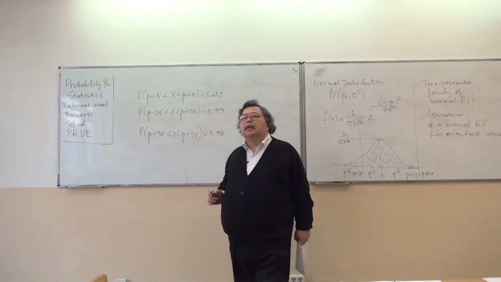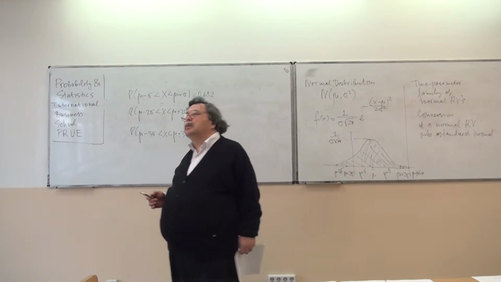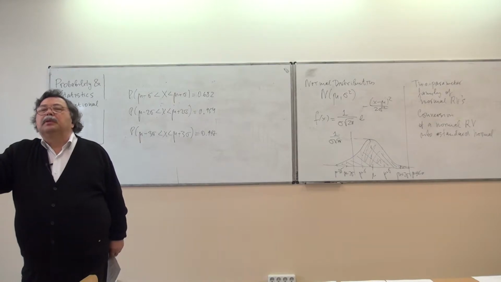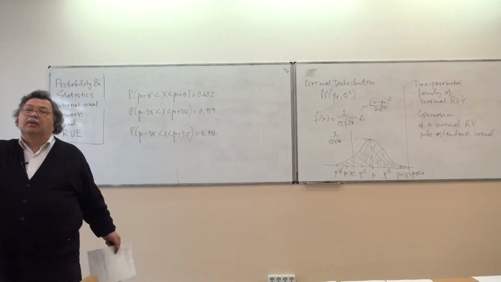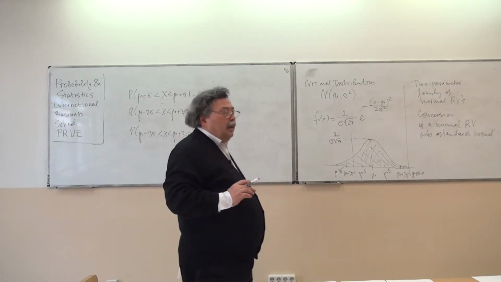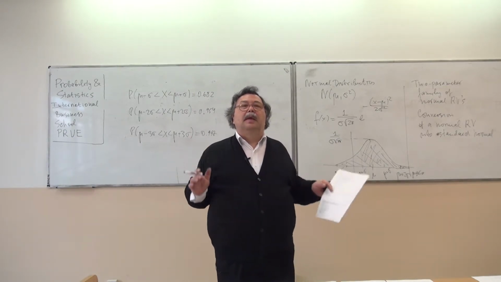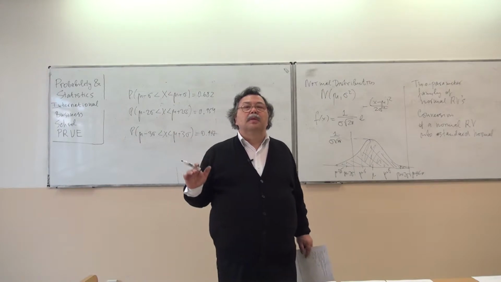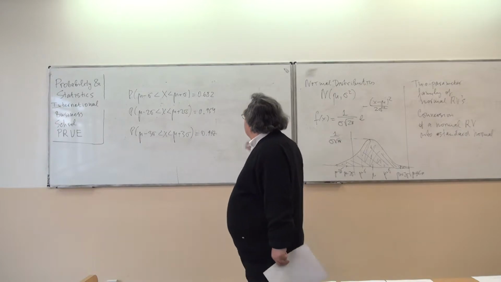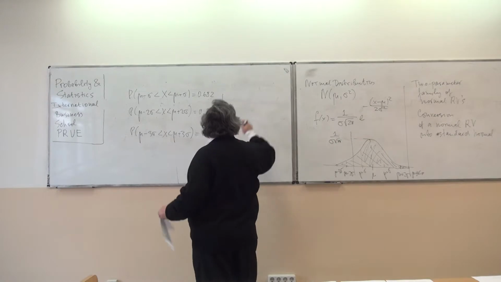In practice, when we use normal distributions to model various processes, we have to deal with normal distributions with any values of mu and sigma. But these relations lead us to understand that we can use just one standard normal distribution to answer all the questions that relate to any normal distribution, whatever. All right, and this is what we do in terms of this conversion.